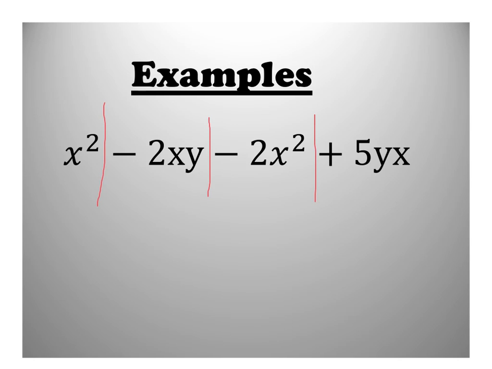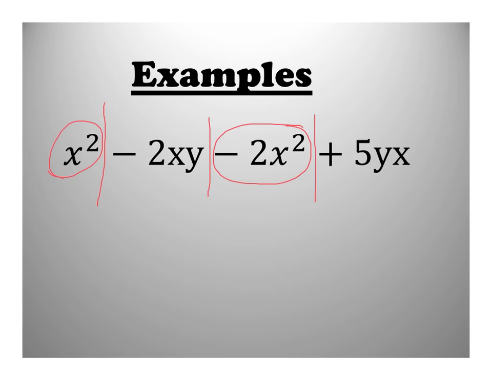So here we have x squared. Do we have any other terms that have x squared? Well, yes we do. We have our x squared, and we have our negative 2x squared. Now let's look at the next one. We have a negative 2xy. Do we have any other terms that have the variables of x and y?